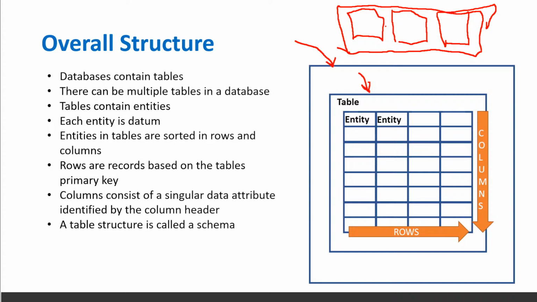So since we're using these keys to identify these unique values, things in table A, table B, table C, so on and so forth, they can relate to one another, and so we can use the information there.